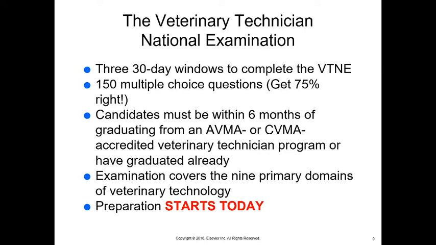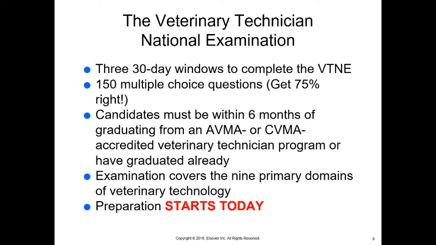Now, there usually are more than 150 multiple choice questions on the test because they have several trial questions as well. Candidates must be within 6 months of graduating from an AVMA or CVMA accredited veterinary technician program, or have graduated already. In Ohio, right now, they're still mandating that you must graduate first.